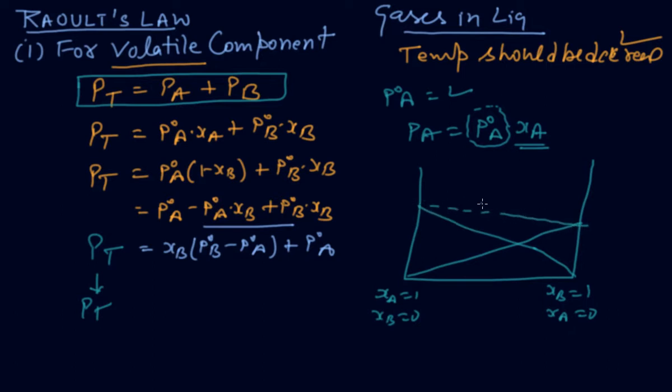Total pressure is a straight line, and Raoult's law follows this graph, that is the straight line equation y is equal to mx plus c.